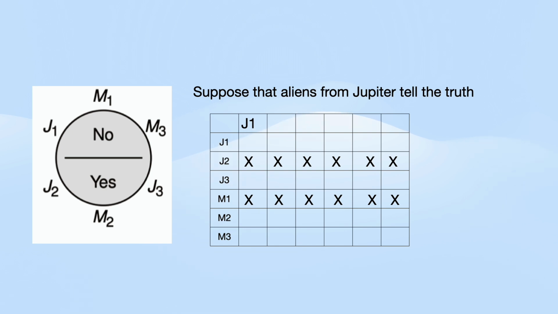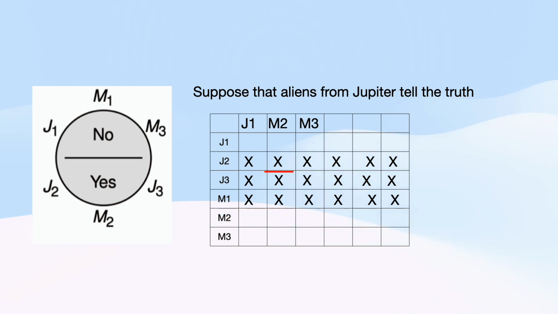And M2, he is from Mars and is now lying. And he said yes, which actually means no. So we also know that J2 and J3 do not have the key either. Now we examine M3. He is surrounded by M1 and J3.